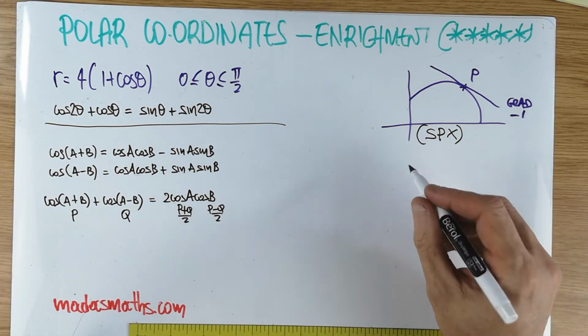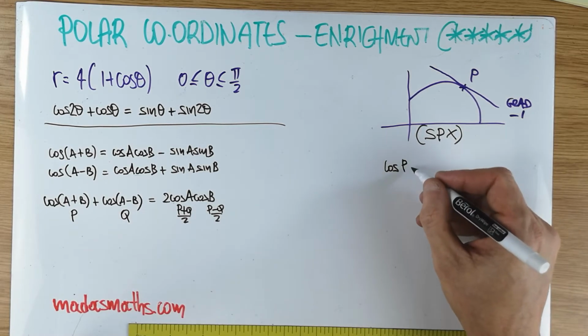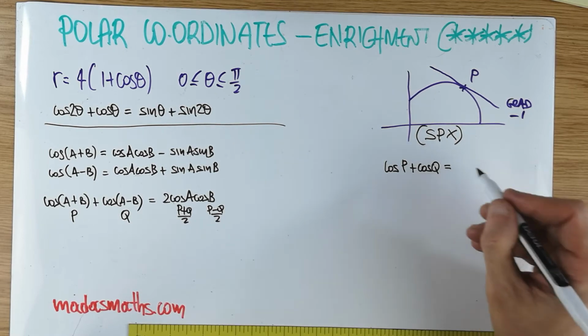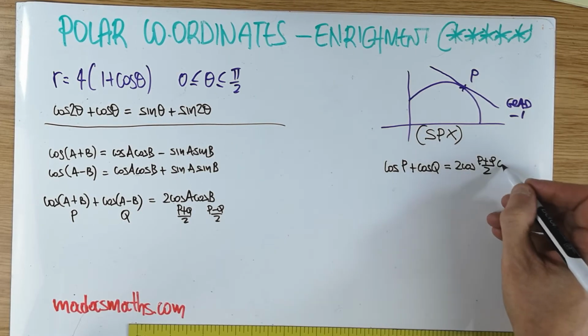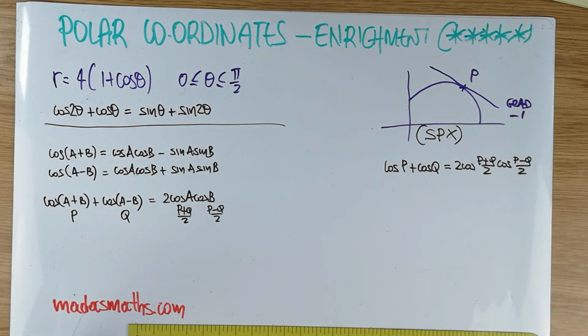So I derived the first identity already. That is, cos P plus cos Q is equal to 2 lots of the cos of (P plus Q) over 2 times the cos of (P minus Q) over 2. So the first one is done.